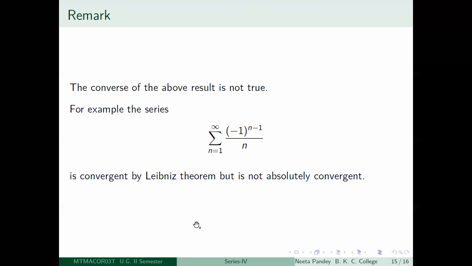Just look at this series summation n equal to 1 to infinity minus 1 to the power n minus 1 by n. So this is tailor made to apply the Leibniz test, right? First you look at the sequence 1 by n. The sequence 1 by n is a very nice sequence in the sense it is monotone decreasing, and it is a null sequence consisting of all positive terms.